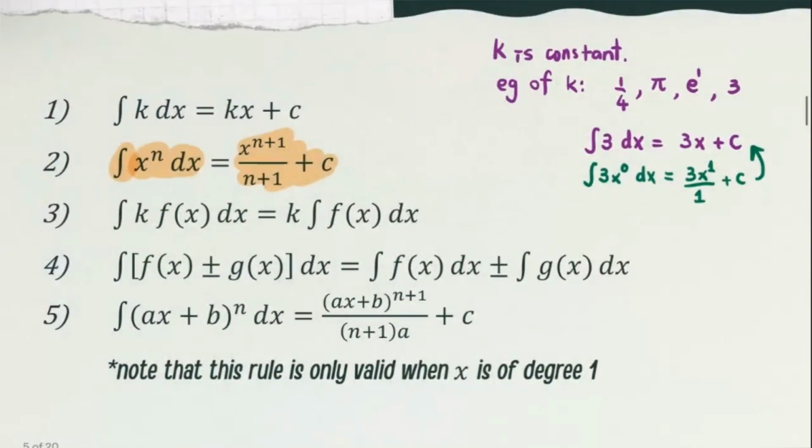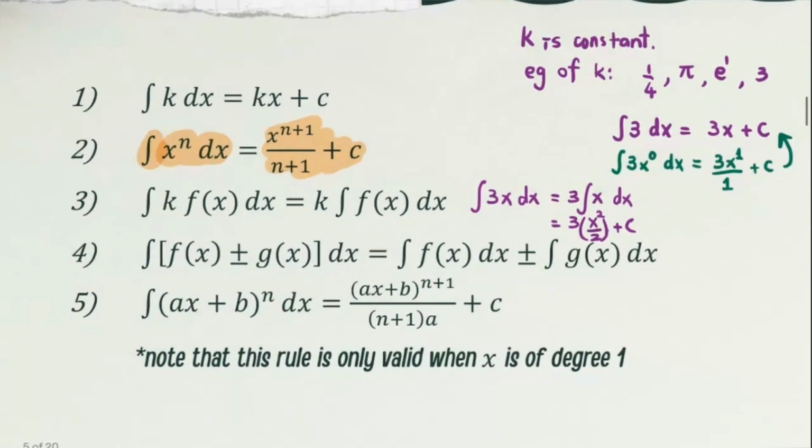So contoh saya bagi, kita nak integrate 3x dx. So boleh je factorize 3 dekat luar. So now kamu hanya akan integrate x dx sahajalah. So x dx kita integrate dapat x squared over 2 plus c. Okay, so ini adalah maksud kepada these rules of integration.